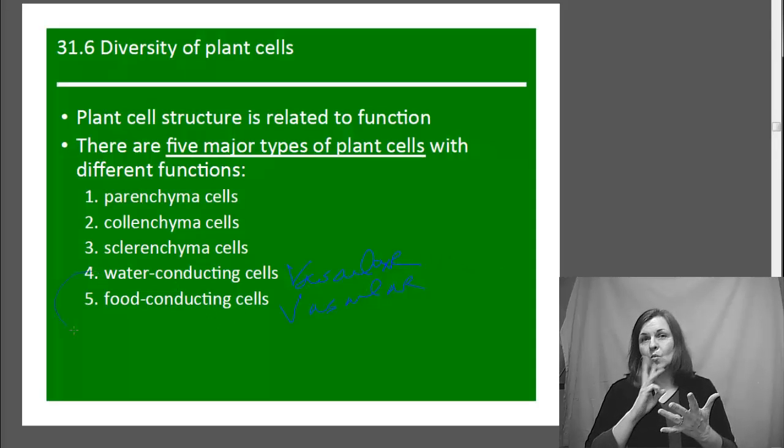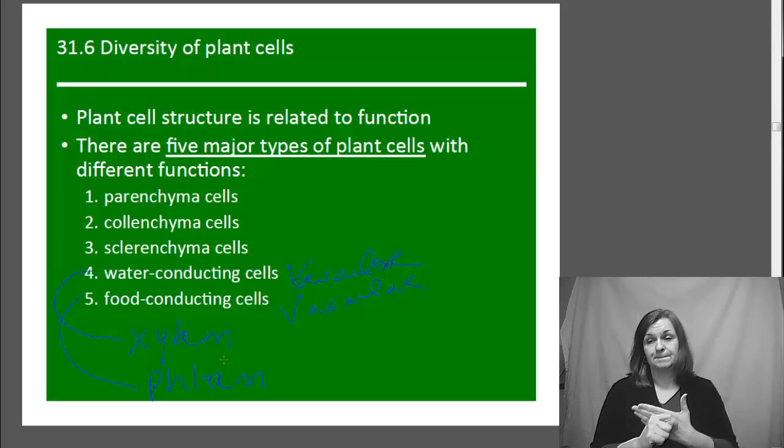So we said our water conducting cells are actually xylem, right? And our food conducting cells are phloem. We saw that in our tissue discussion. But when we look at plant cell types, we have to think these cells will make up the tissues, right? That's the job of the cells, to build tissues.